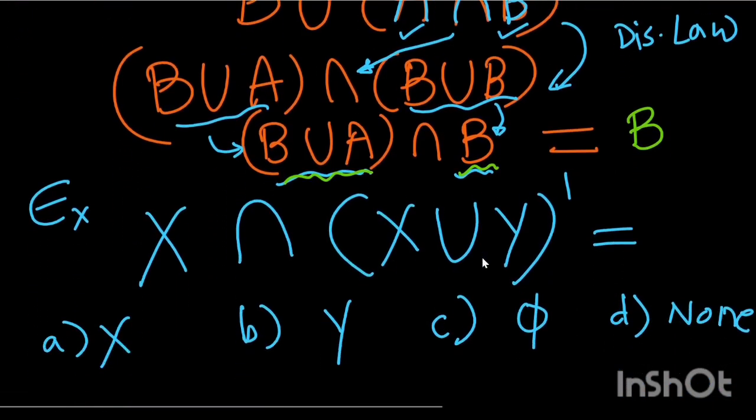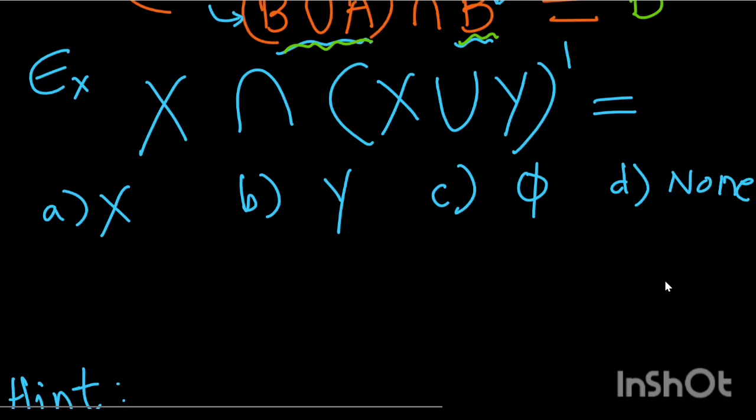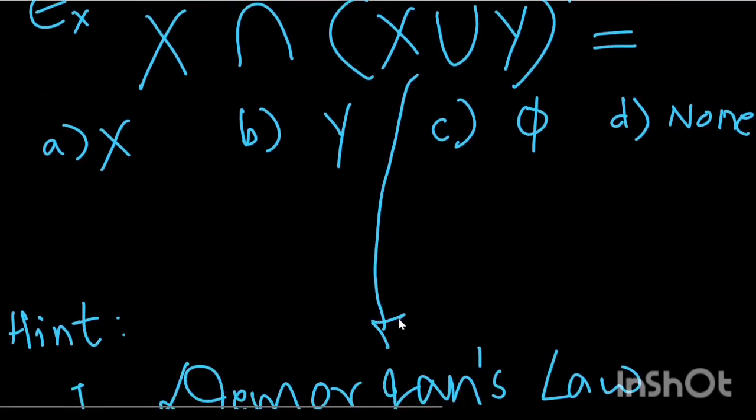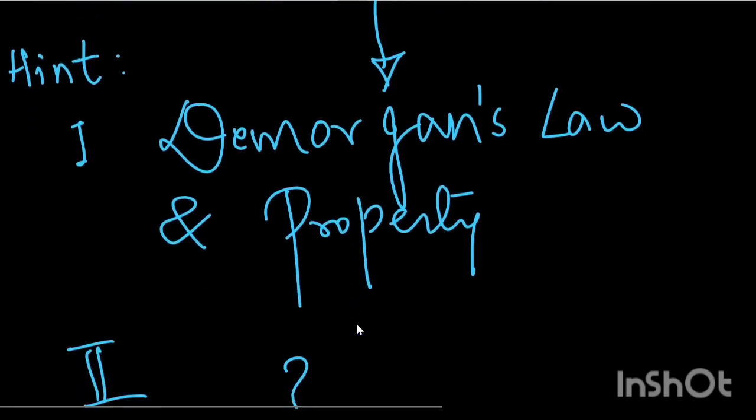X intersection (X union Y)' is equal to what? Option A: X, option B: Y, option C: phi, option D: none. So how will we approach this, guys? A hint again: as you can see, (X union Y)' is there, so it hints towards De Morgan's law here as well. Then we will use the property we used just now.